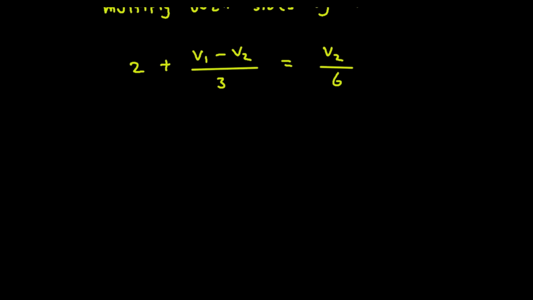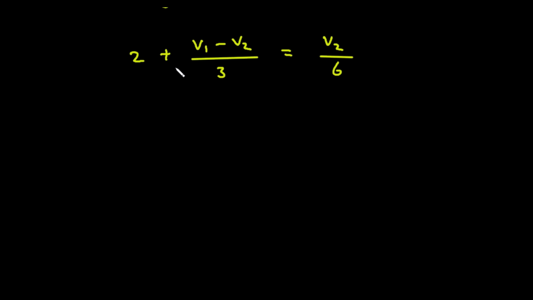So now again let's simplify this. So we will keep this V1 divided by 3 minus V2 divided by 3. We will take this minus V2 divided by 6 on left side, and we will take this 2 on right side, so it will be minus 2.